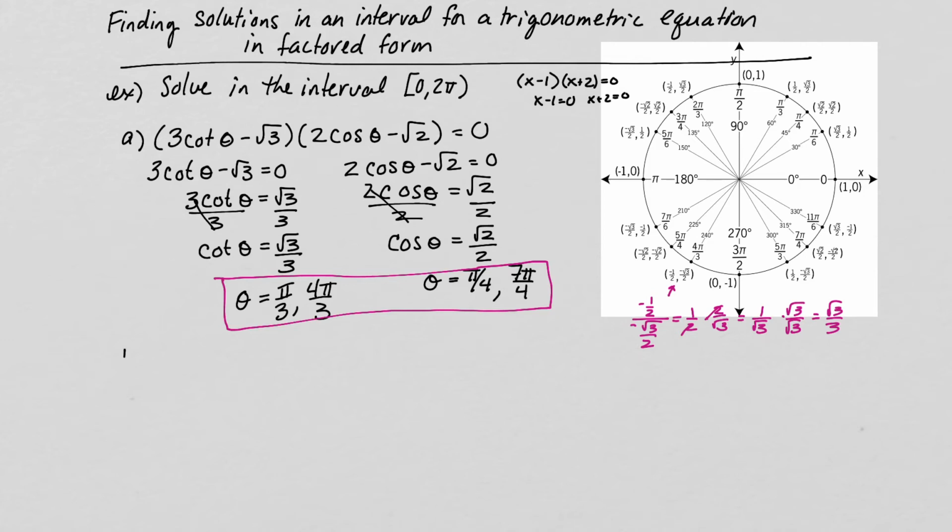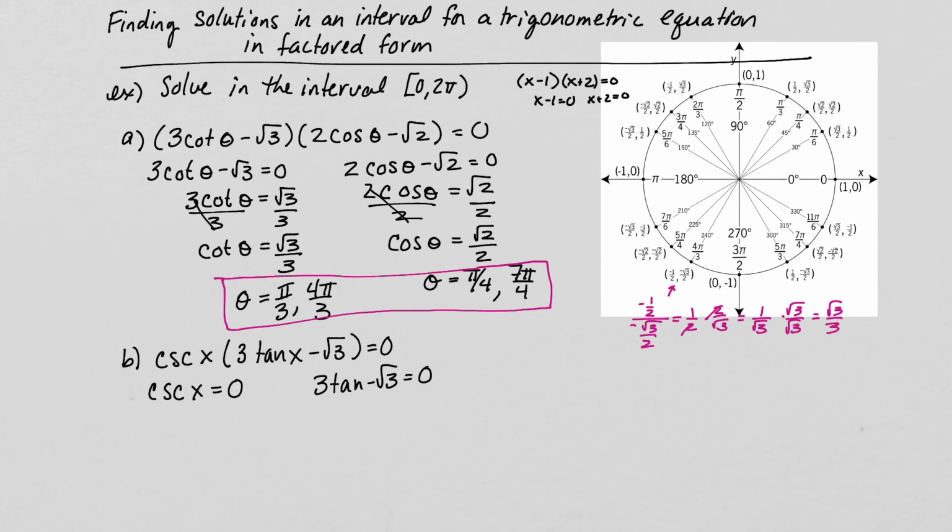So we'll do another one. Cosecant of x times (3 tangent x minus root 3) equals 0. Again, I have two pieces. I'm going to set each piece equal to 0. So cosecant x equals 0, and 3 tangent x minus root 3 equals 0.